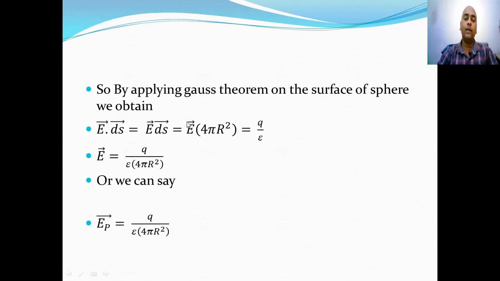The total flux coming out is equal to Q by epsilon naught, where Q is the charge on the small sphere of radius small r, which is also acting as the point charge. So from here the electrical field at point P is Q by epsilon naught 4 pi R square. So the electrical field we have derived due to a point charge is Q by 4 pi epsilon naught R square.